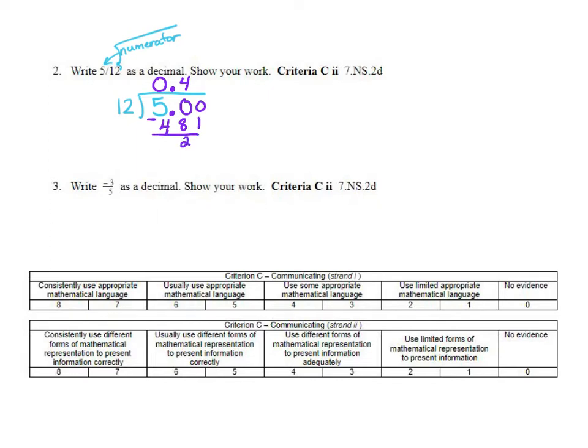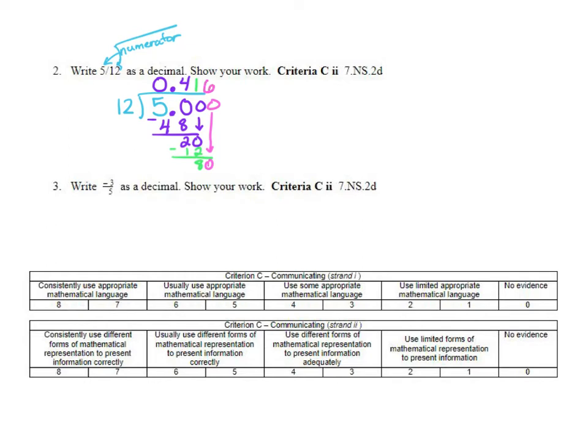I'm going to bring down a 0. Next, how many times does 12 go into 20? Well, that's 1 time, so I'm going to put my 1 there. 12 times 1 is 12. Subtract, I get 8. I'm going to bring down my invisible 0 and I get 80. How many times does 12 go into 80? That's 6 times.